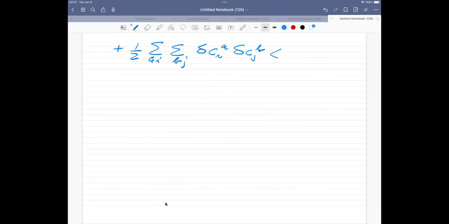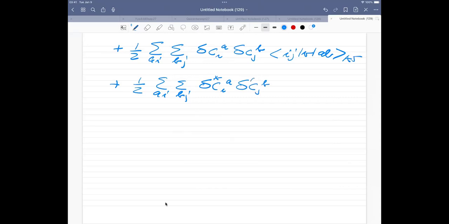And this is multiplied with the matrix elements IJ, VAB, anti-symmetrized, plus 1/2. And then I have my AI, BJ, but now I have a delta CIA complex conjugate, delta C JB complex conjugate, and then I have my AB, VIJ, anti-symmetrized.